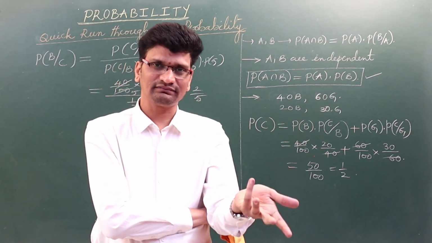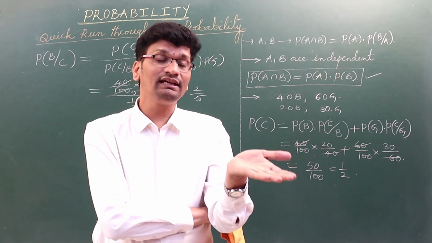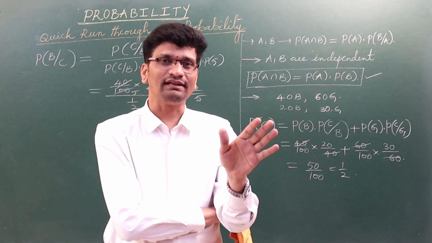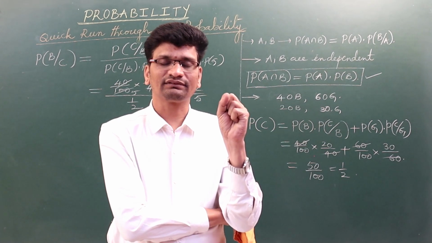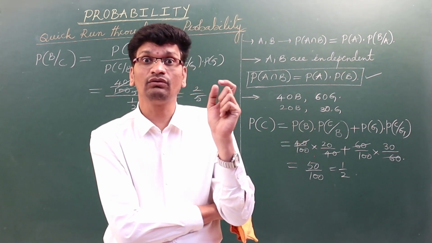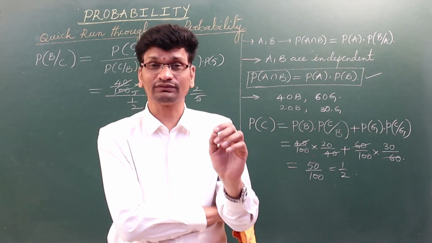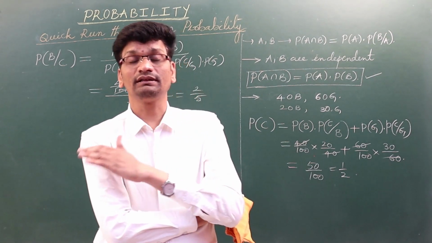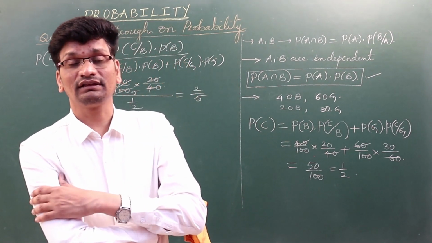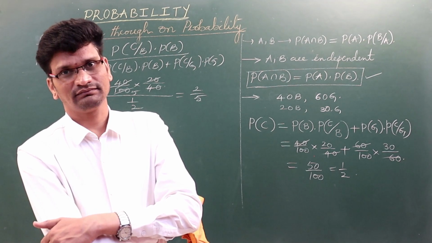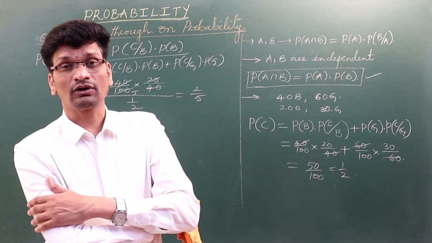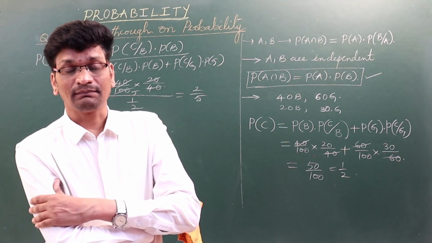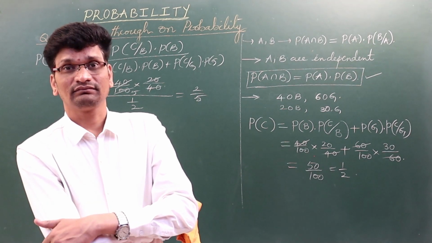Bayes is completely reverse. He gave the event there: I selected a person at random and I found he or she knows cricket. Then what is the probability that the person comes from boys? What is the probability that the person knows cricket?